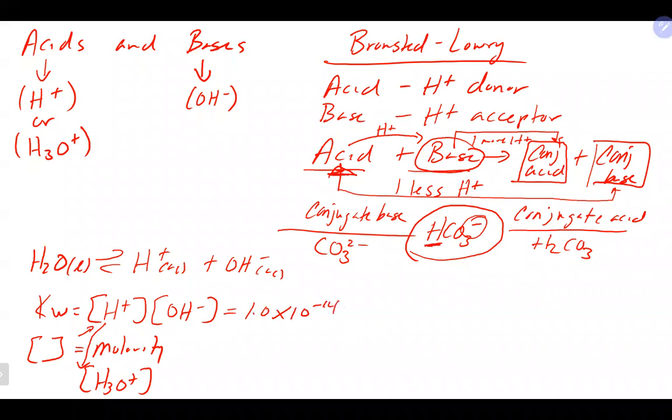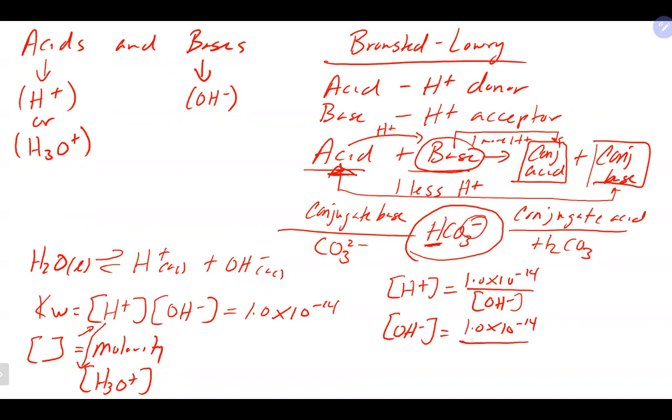What we could use this for is to figure out whether the acid part of the solution is more than the base part of the solution. We could solve for the H plus concentration by taking 1 times 10 to the minus 14 divided by the OH minus concentration, or we could do the opposite. It is the same calculation regardless of which one you're looking for.